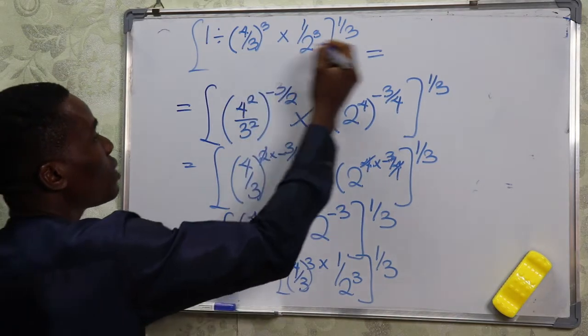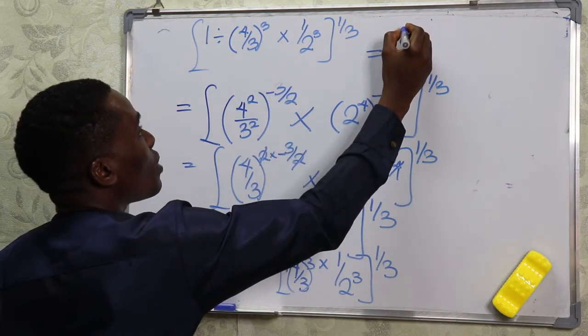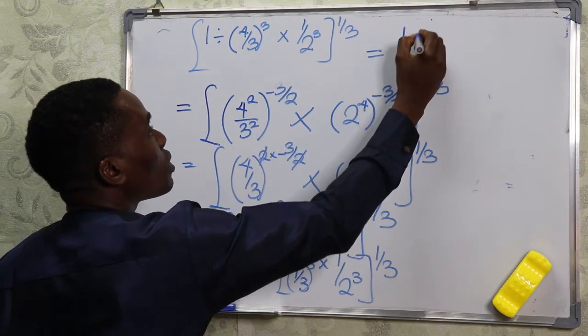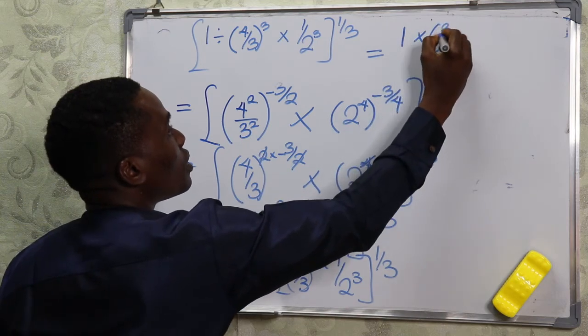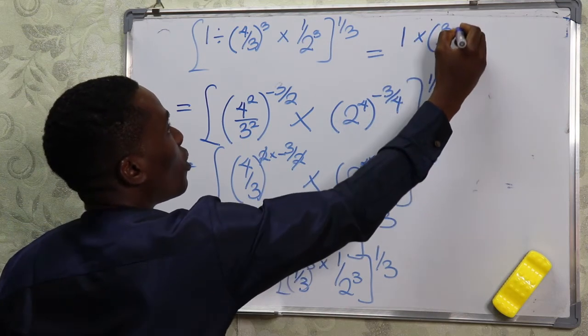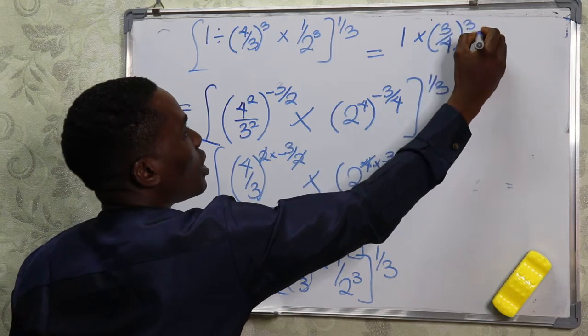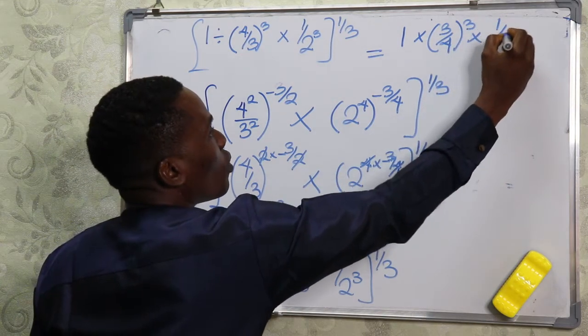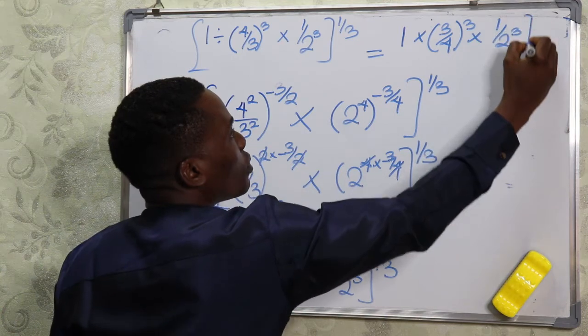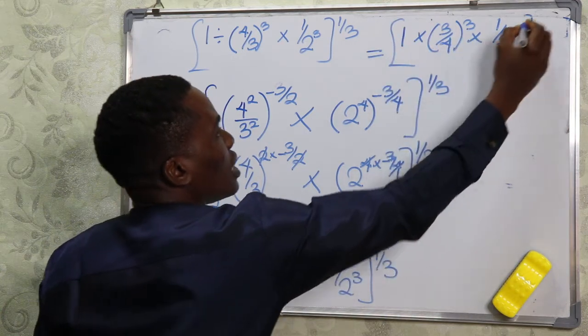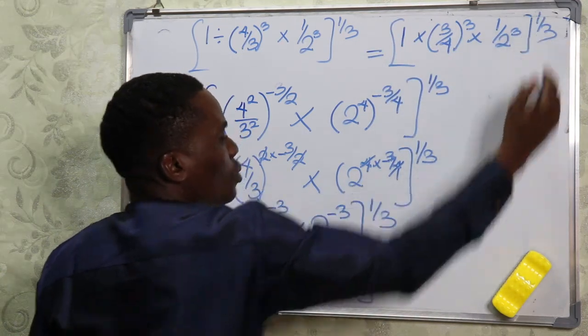If you simplify this further, we are going to have 1 times 3 over 4, all raised to power 3, multiplied by 1 over 2 raised to power 3. I'm trying to simplify this as easily as I can for you to understand.